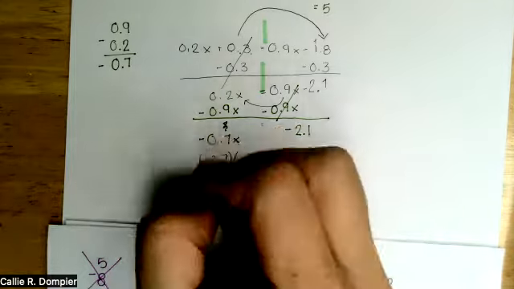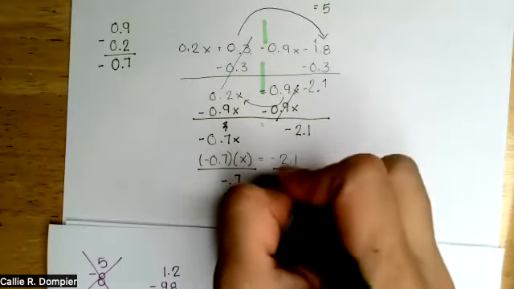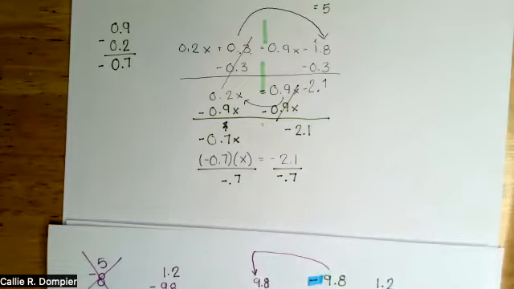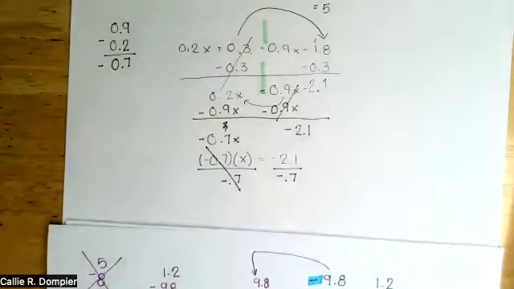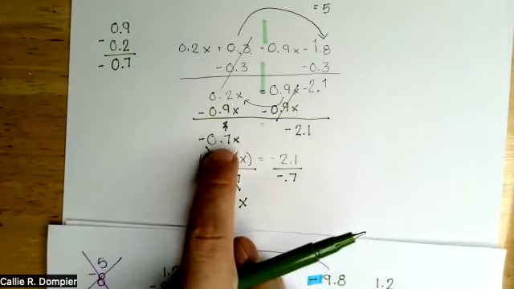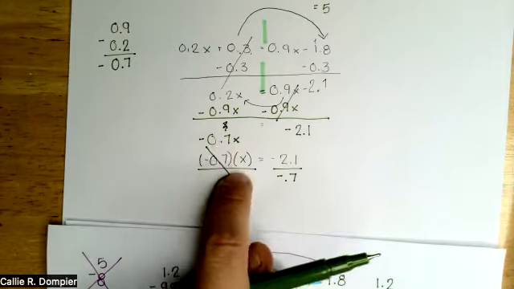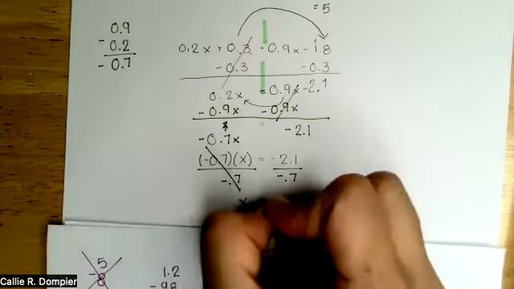I divide by negative 0.7, divide by negative 0.7. Cancels, I am left with only x, because if it's the same number on the same term on the top and the bottom, and it's being multiplied by the other terms, I can cancel them out.